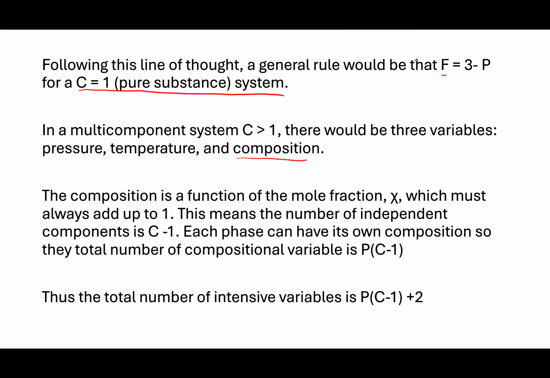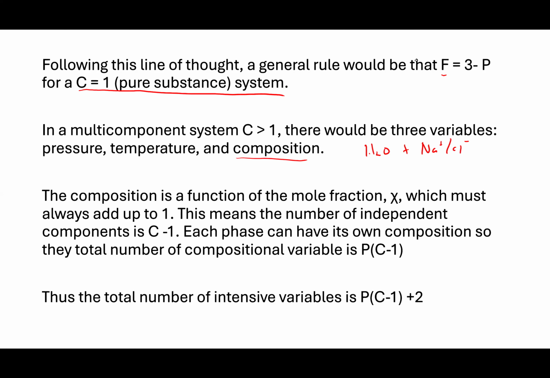Because if we have a multi-component system like H2O and NaCl, with more than one component, we can change the pressure, the temperature, and the composition of this mixture. This composition is going to be a function of the mole fraction, which is chi.